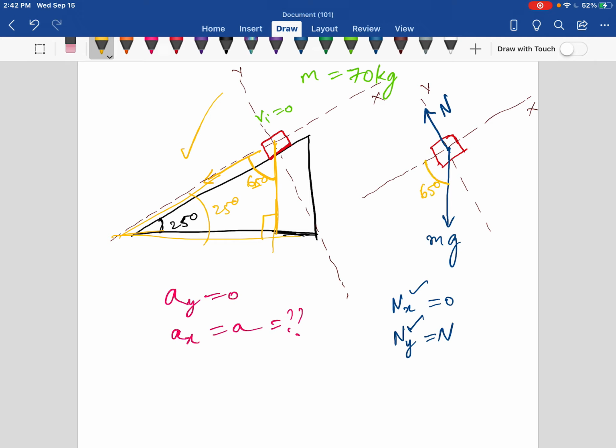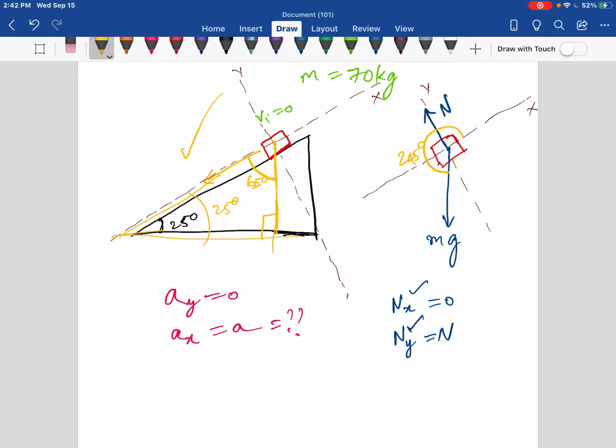So we were able to successfully find that this angle is 65 degrees. You add 180 to it, your total angle will be 180 plus 65, so that will be 245 degrees. That is the total angle.